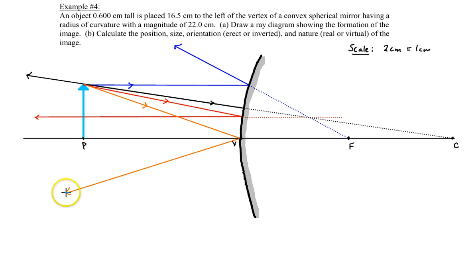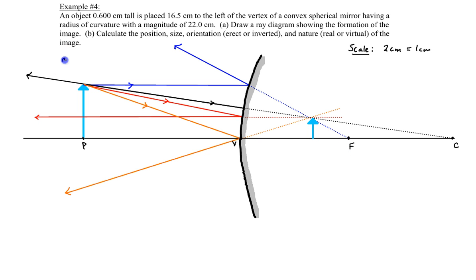Once again, if you're looking at the reflected beam, your eye is going to think it's coming from behind the mirror, right about here. And so now we can draw our image in here. You can see the image is smaller. It is virtual because it's formed by these dotted rays, and it's upright.